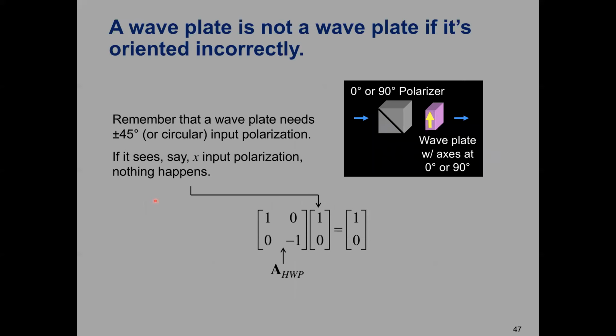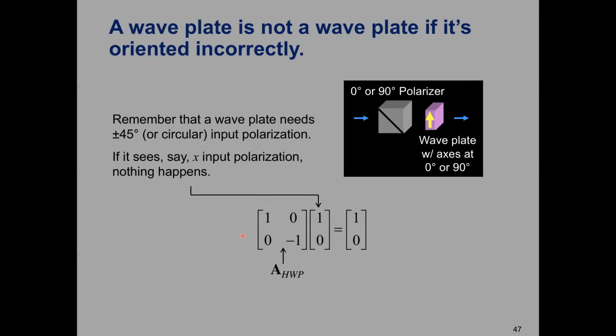Other things we could check, for instance, is this idea that we need to have a light wave polarized at 45 degrees relative to the axis of a wave plate for it to work. So for instance here, if we send in a perfectly X polarized or perfectly Y polarized light wave through a half wave plate, then if we multiply by this matrix, it shouldn't change anything at all.